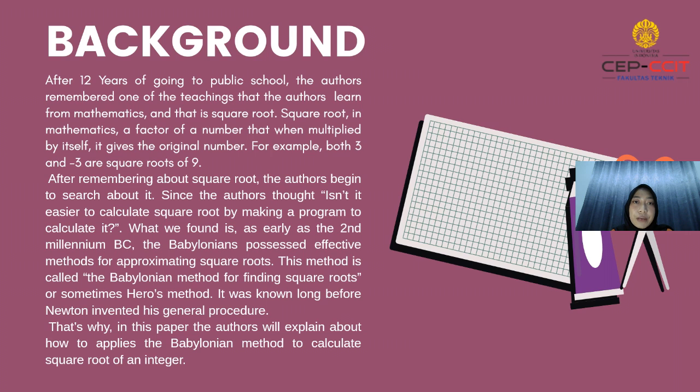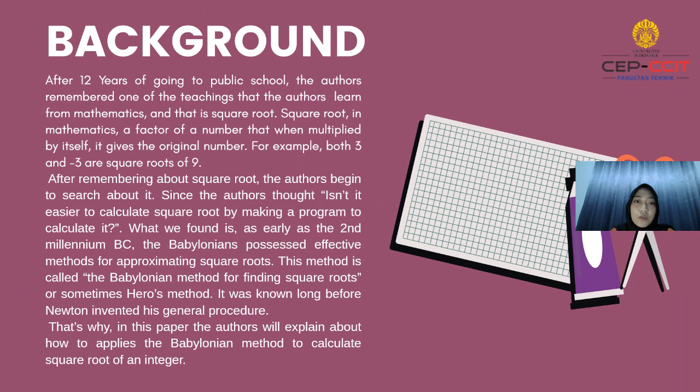After remembering about square root, the authors began to search about it, since they thought, isn't it easier to calculate square root by making a program to calculate it? What we found is, as early as the second millennium BC, the Babylonians possessed effective methods for approximating square roots.